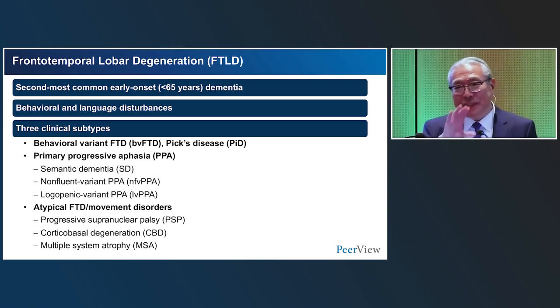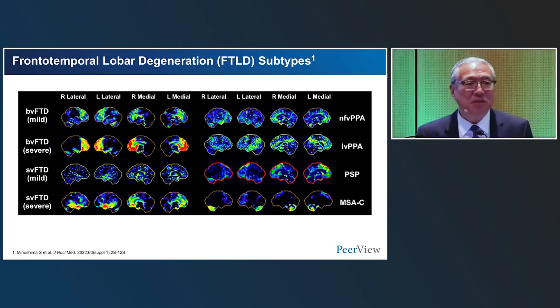Even within this, there are subcategories: primary progressive aphasia has semantic dementia, the non-fluent variant of PPA, and the logopenic variant of PPA. Amazingly, using FDG in combination with amyloid, we can sub-categorize some of those neurodegenerative conditions.